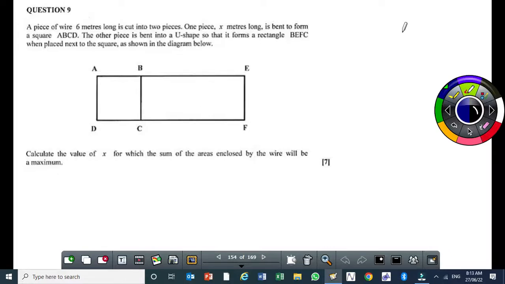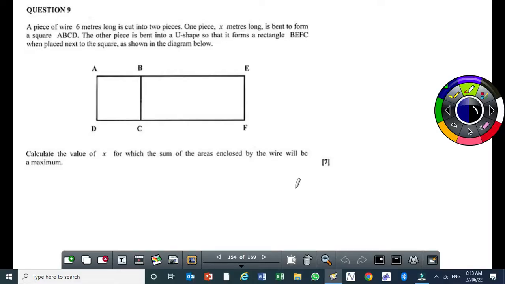Okay, so all questions on optimization that involve shapes, the basic idea is to apply your knowledge from previous grades on area and volume. Sometimes you might need your knowledge of functions or even geometry.